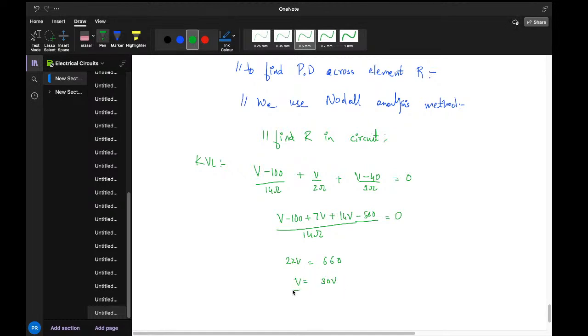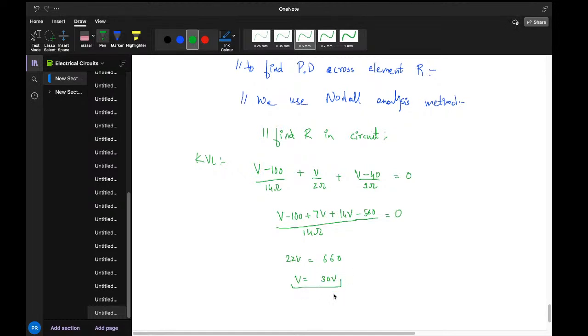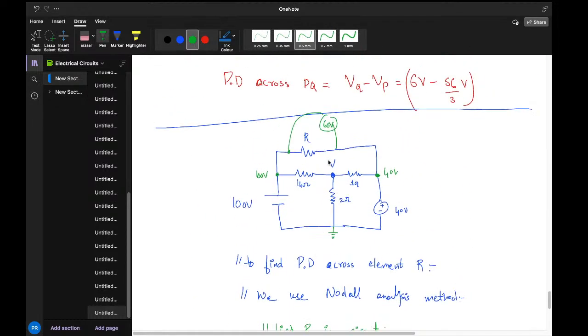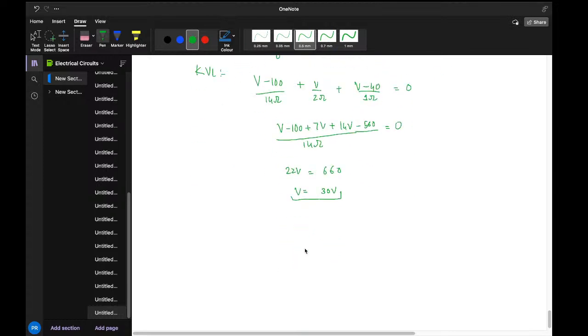Okay guys, I hope this is clear. Now we have got the value of V, which is 30 volts. Now what we can try and do is calculate the current through R1 and R2, so this 14 ohm and 1 ohm resistor.